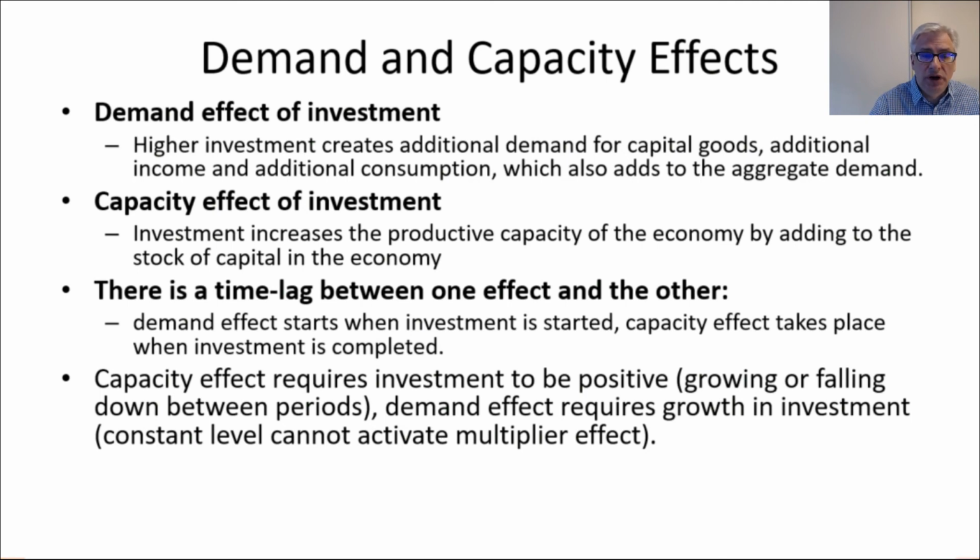If there was some kind of disequilibrium in the economy and demand was bigger than supply, that will encourage you to make investment. But if you are encouraged to make investment, then the demand effect of investment will increase demand even more, will increase this disequilibrium even more.